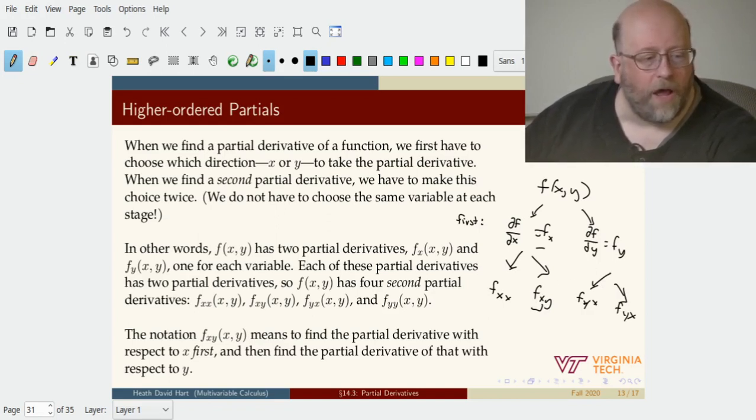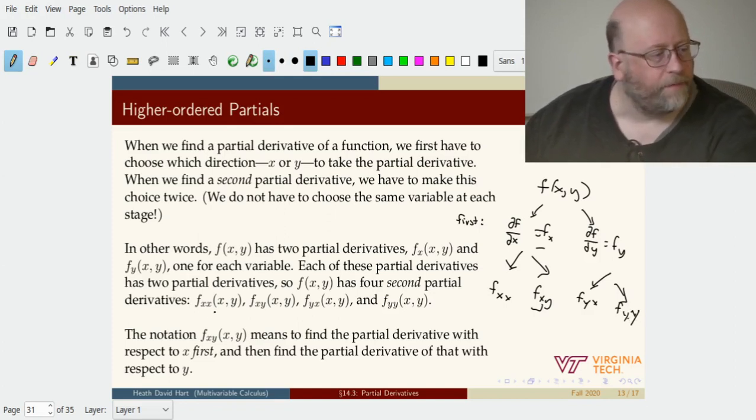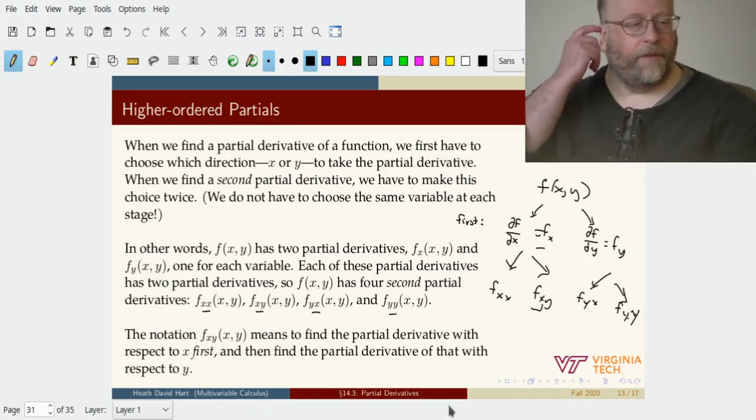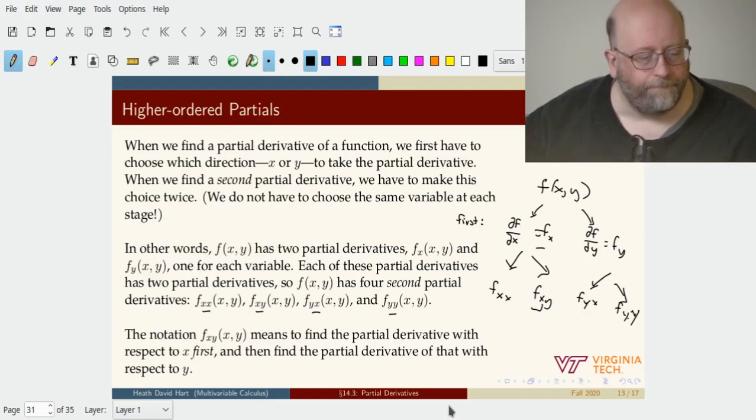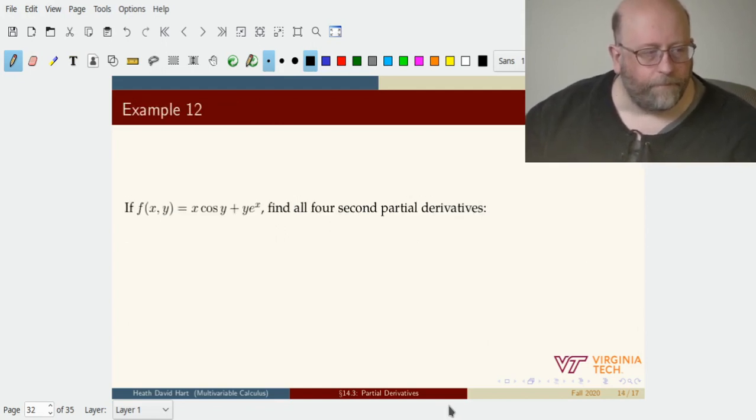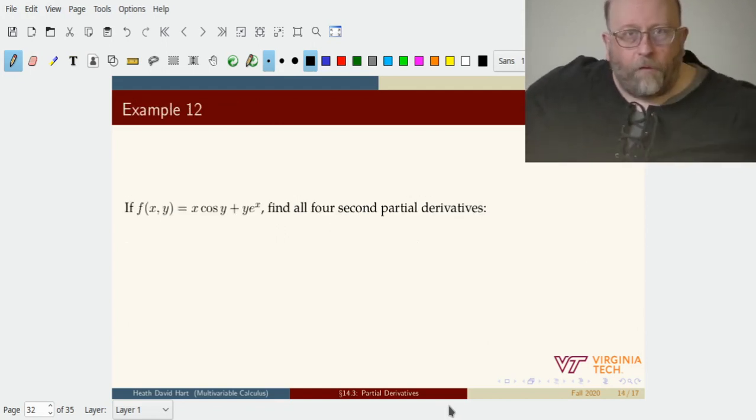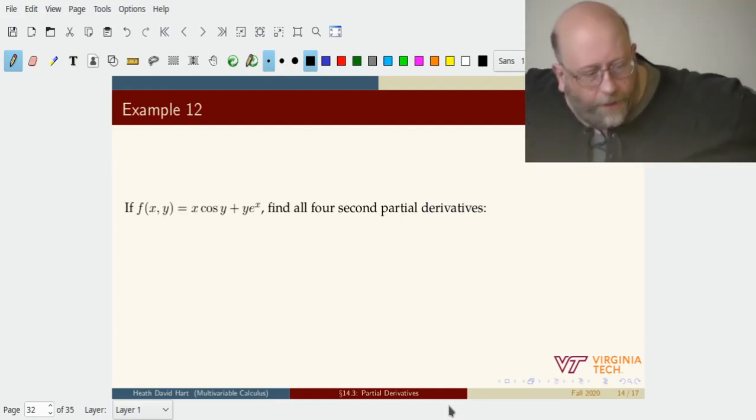And then we can start with fy and then take the second derivative with respect to x, or take the second derivative with respect to y and the first derivative with respect to y. So there are 4 different partial derivatives here. Let's find all 4 second partial derivatives from this section here.